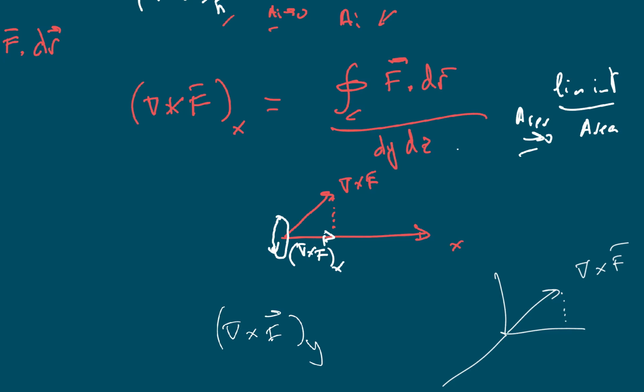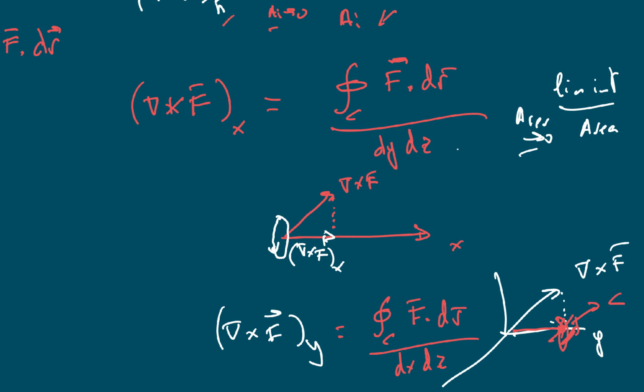You will see the projection on the y direction, and you will find this vector, the curl of F. This is equal to the line integral over the curve C of the vector field F scalar dr per unit of area. But the unit of area here, we imagine a square, will be dx by dz.